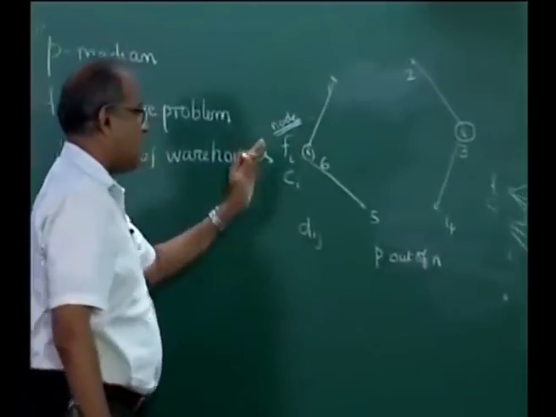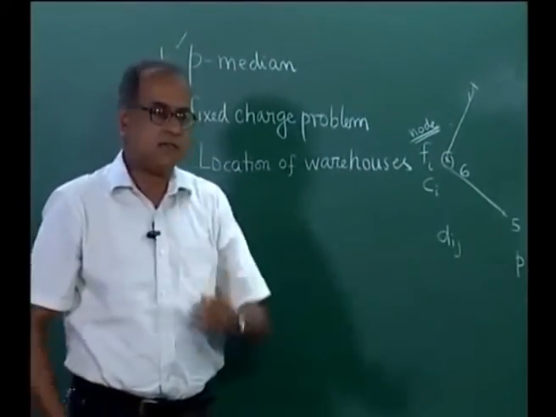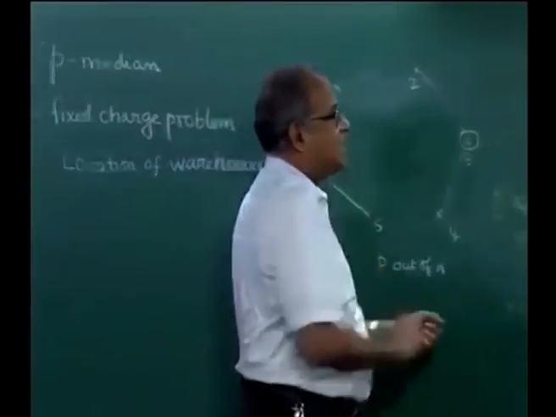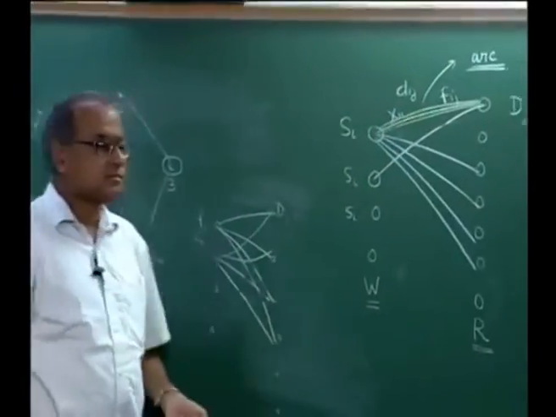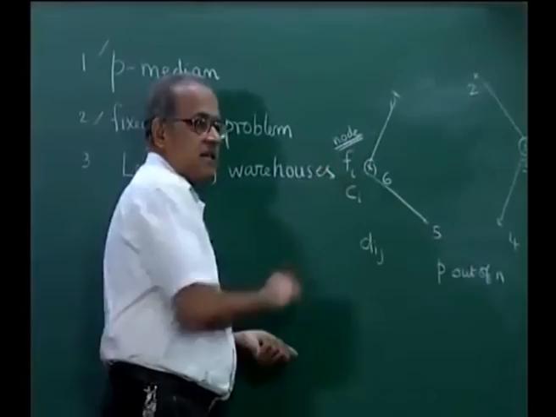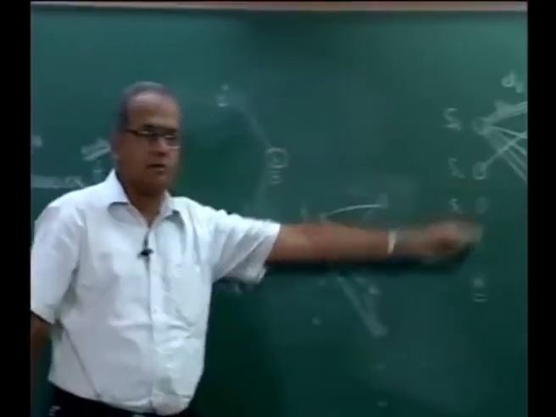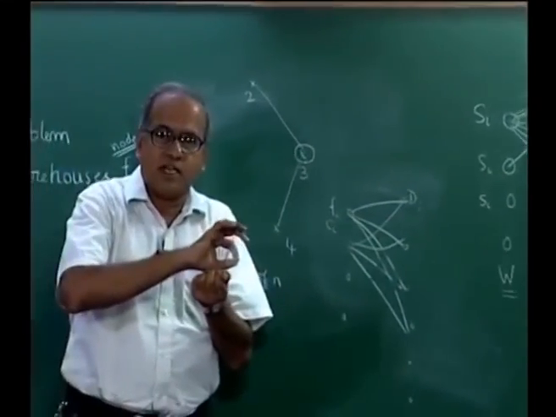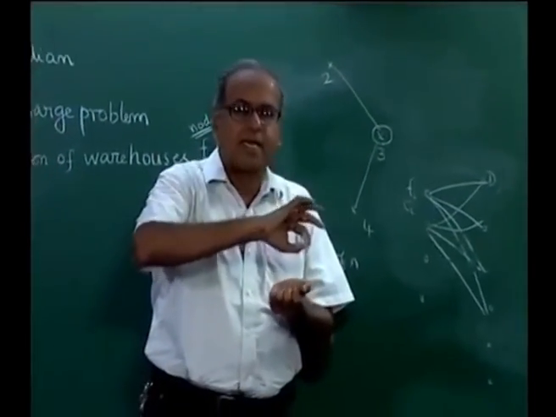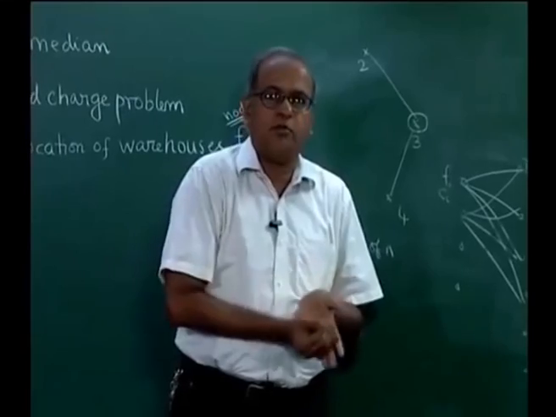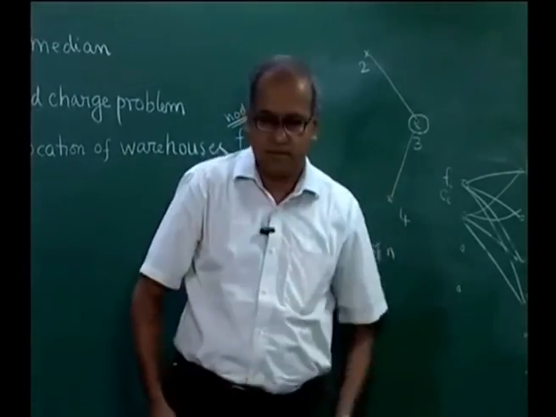Here it is for a node or vertex, which is i. So, there is a cost associated here, there is a cost associated here. This cost should be seen as cost of setting up a facility, and this cost should be seen as a fixed cost of transporting, which is like a toll that is paid when you move items from i to j.